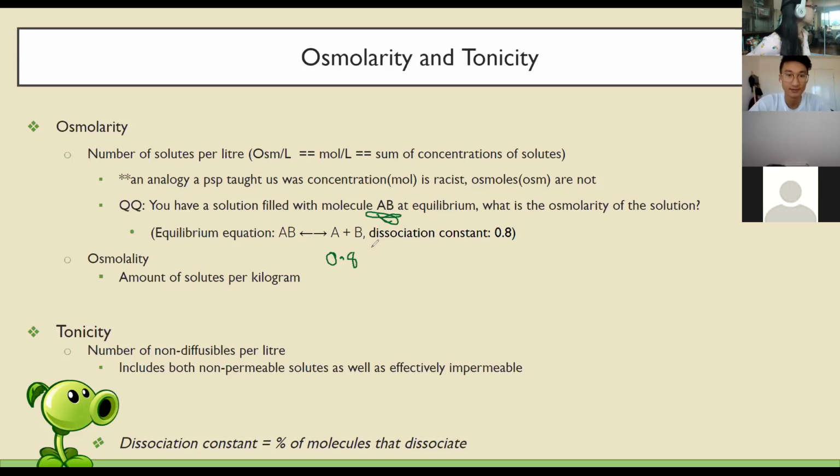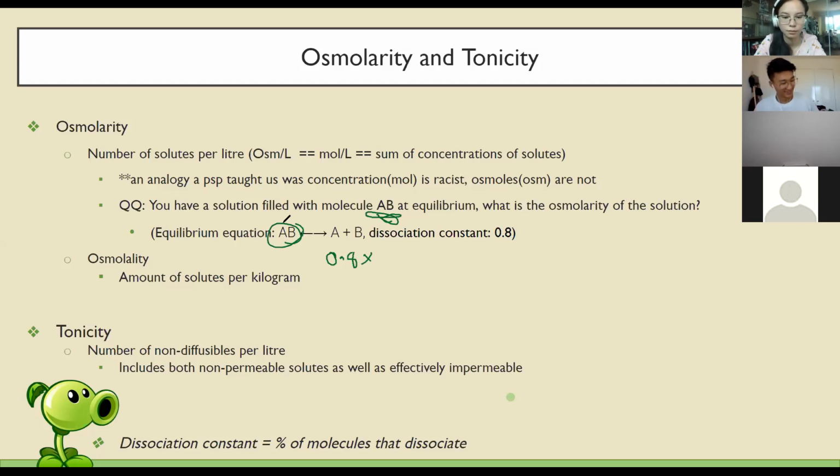So if you take 0.8 and multiply that by 1, because there's only one molecule of AB, or 1 mole, I should have said 1 mole of AB.